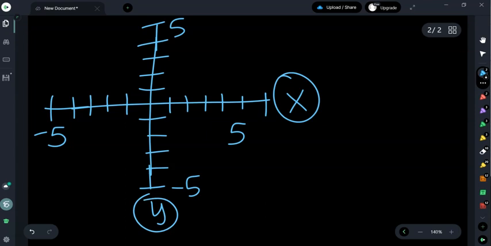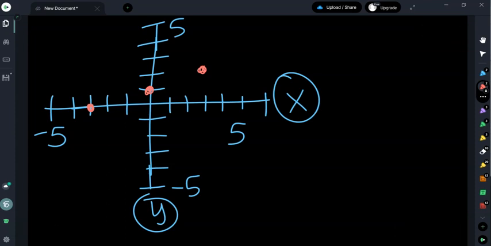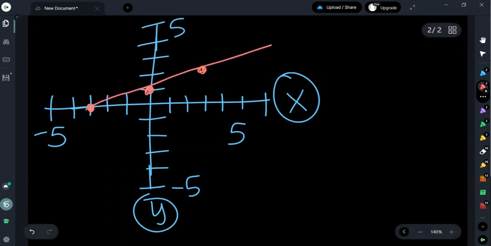Remember, x is always left and right, y is always up and down. X is horizontal, y is vertical. So if I put a line on this graph, and I'm going to go ahead and pick one here. And I'm going to put a set of 3 points, and then I'm going to draw a line through these. Again, don't hate on my art.